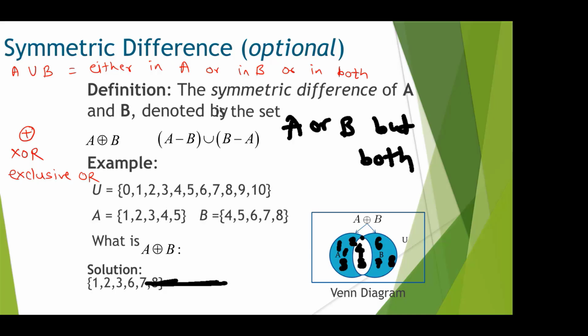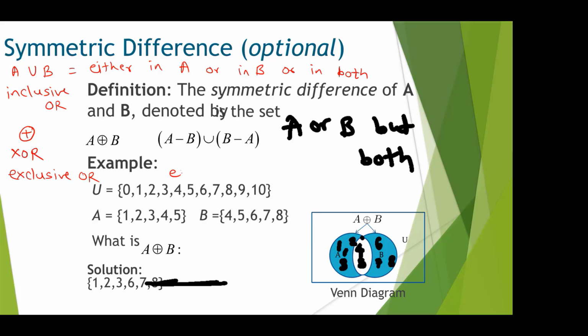So union is also called inclusive or. It is either or, but when an element appears in both, we include that element as well. Symmetric difference is looked at as an exclusive or, meaning it should be either in A or in B, but not in both.